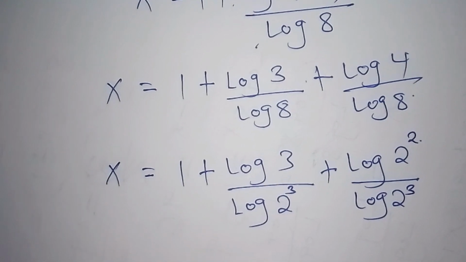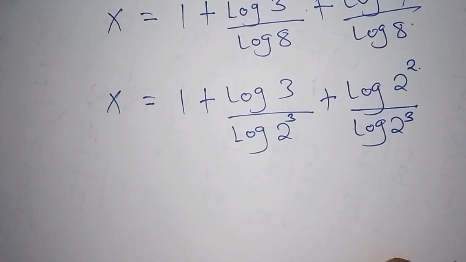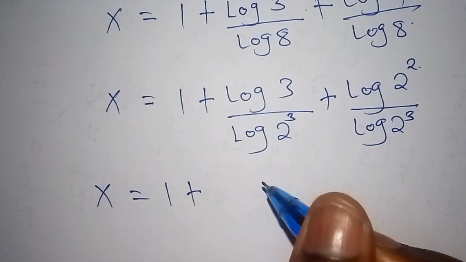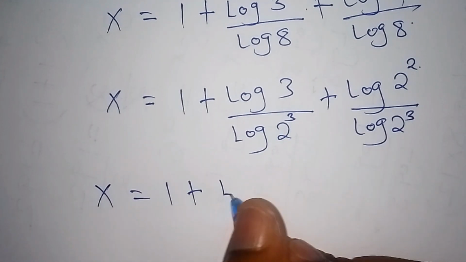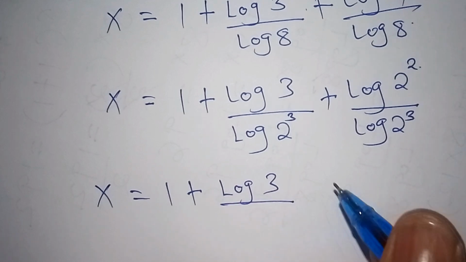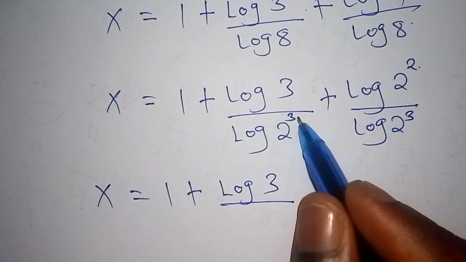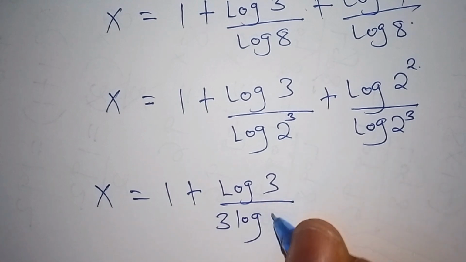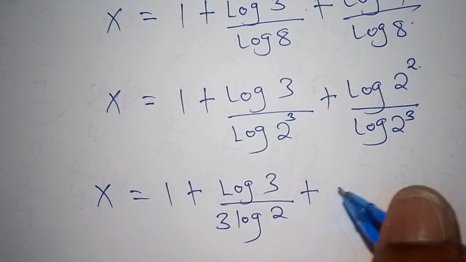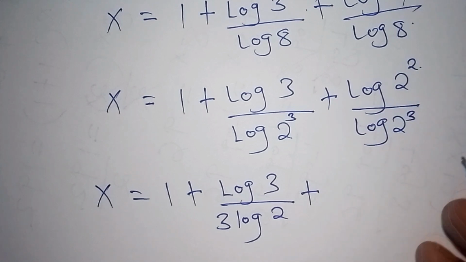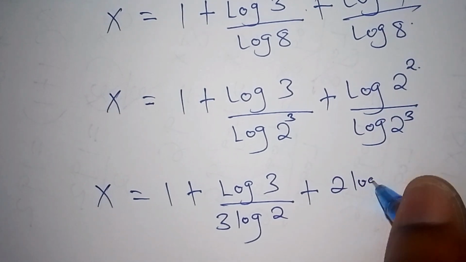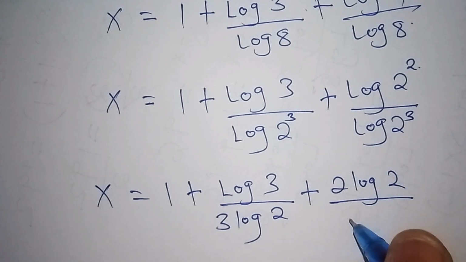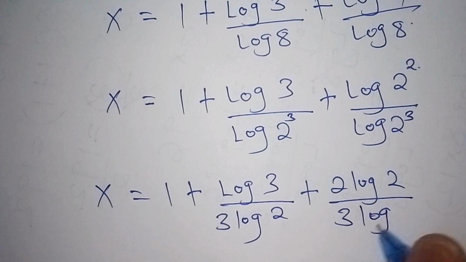So our next step: our x is equal to 1 plus the log of 3 all over, the log of 2 to the power of 3 can also be written as 3 log 2, then plus the log of 2 to the power of 2 can also be written as 2 log 2, all over 3 log 2.